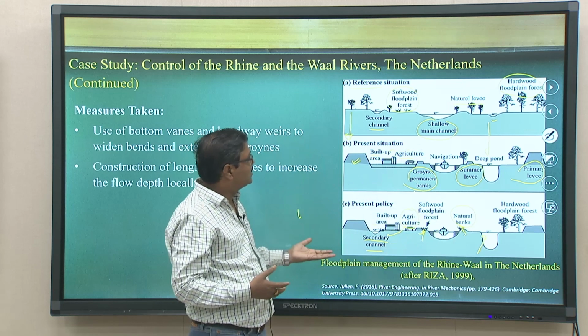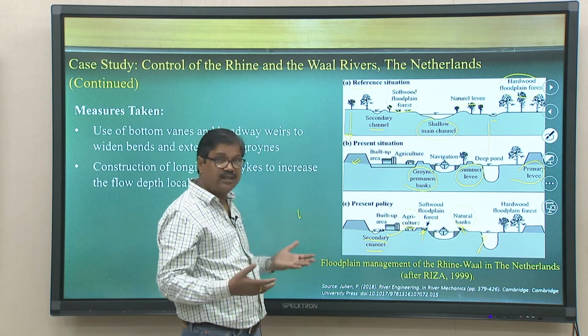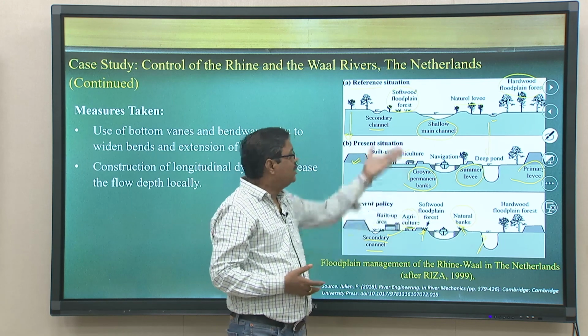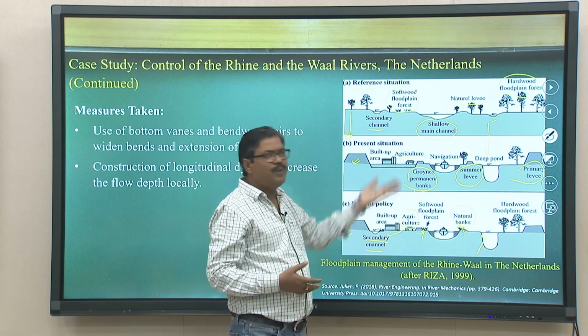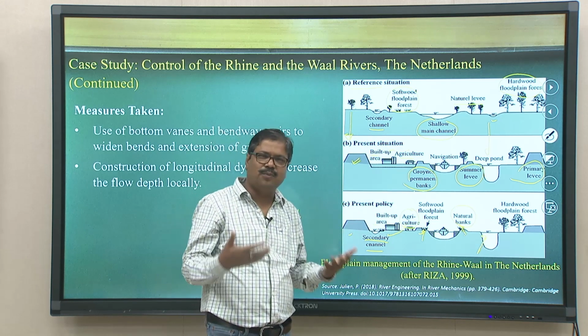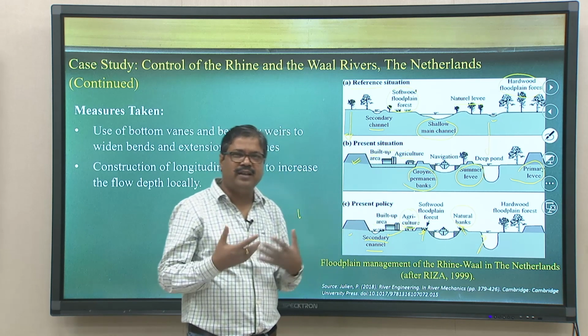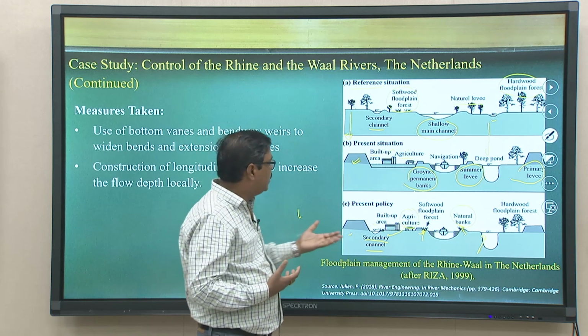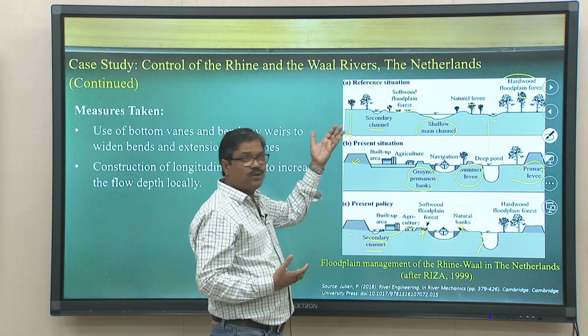You can activate the secondary channels with all these control systems. We can make them natural channels, and this way we can go back to as natural as possible, because that is the basic idea of any river engineering specialist, that he will try to make it as natural as possible.